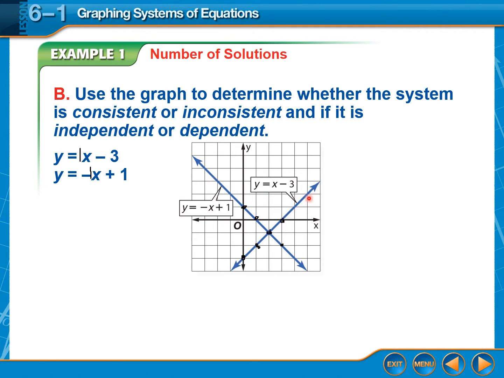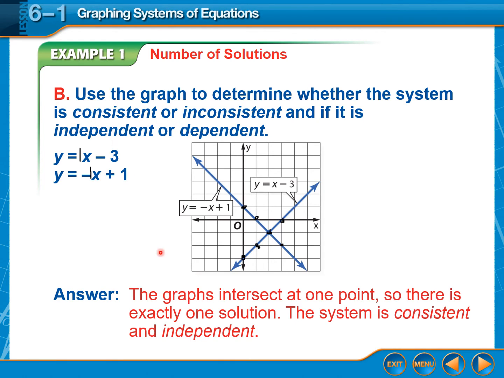And what I see is that I have two lines. Since I looked at these equations here, I see that they have different slopes, so that tells me that they're going to intersect at some point. Okay. So since I have two lines that intersect at a single point, that's one solution. And that means that our system is consistent and independent. They intersect at a point, so there is exactly one solution, and it's consistent and independent.